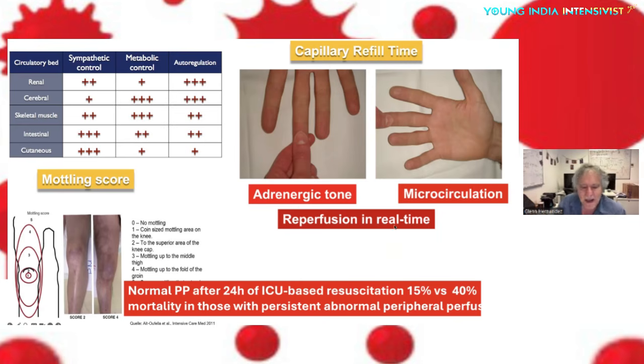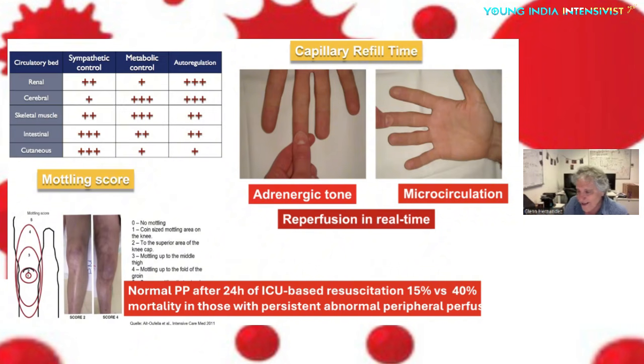And also, it can signal the reperfusion process in real time. Imagine you have a patient not yet resuscitated who has a cold, clammy skin, mottling, and very prolonged capillary refill time. And then you push fluids, you resuscitate, and a couple of hours later, you have disappearance of mottling and normalization of capillary refill time. What you are looking at is essentially reperfusion in real time.